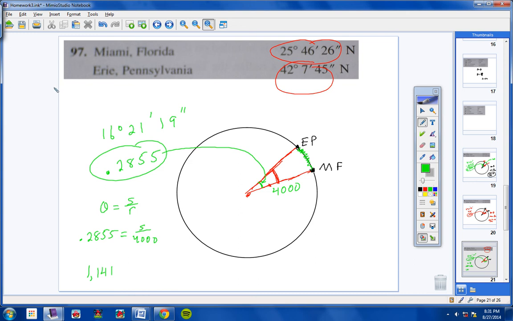As long as you're reasonably close. I multiplied this side by 4,000 here, and that left me with S, and I multiplied this side by 4,000. It left me with this. So the distance from Miami to Erie is 1,141.81 miles.